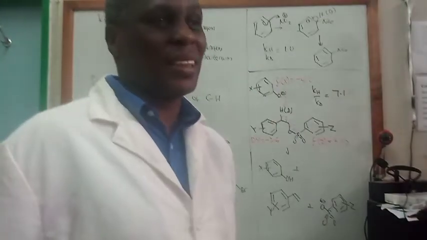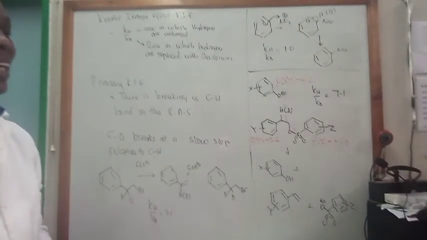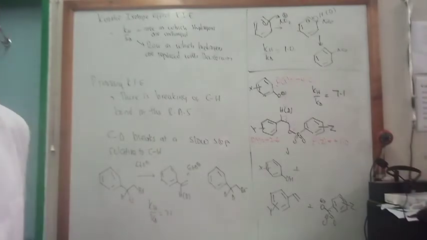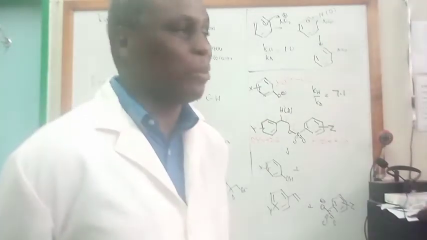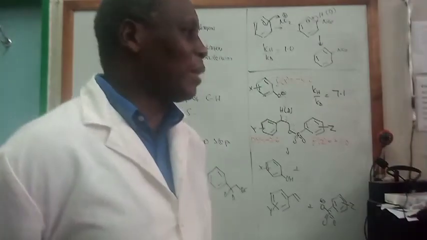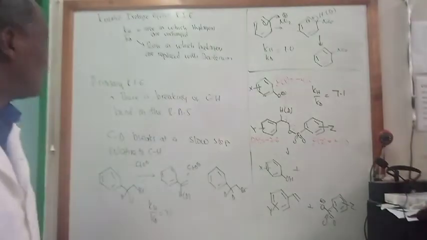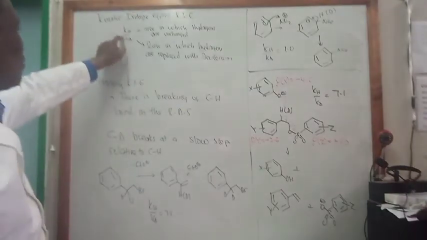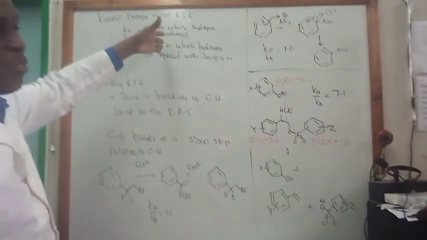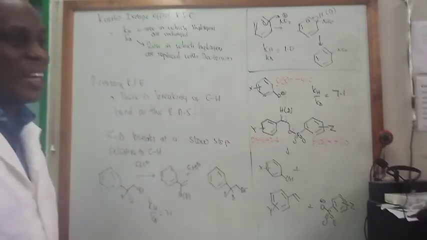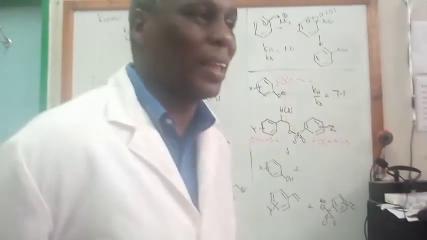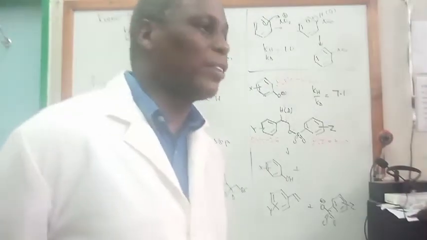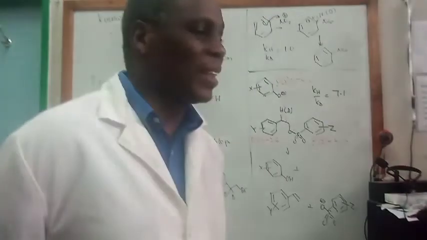It becomes significant if the bond which is breaking is in the rate determining step. If the carbon hydrogen bond is breaking in the rate determining step, the ratio can range from 1.0, if there is no carbon hydrogen bond breaking in the rate determining step, to about 6.0 to 7.0 if it is breaking in the rate determining step.